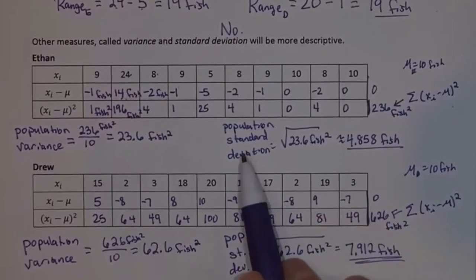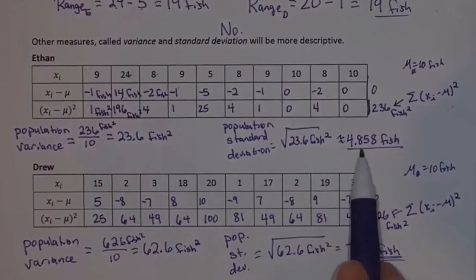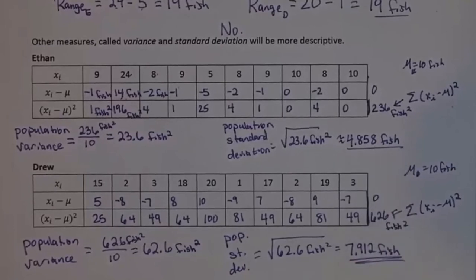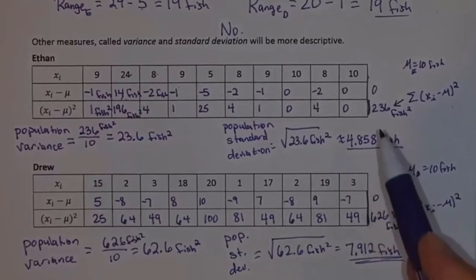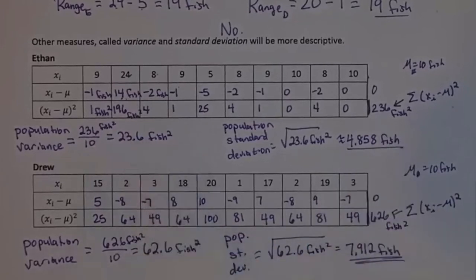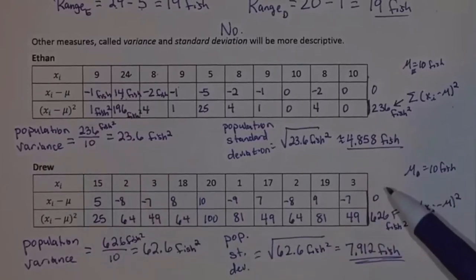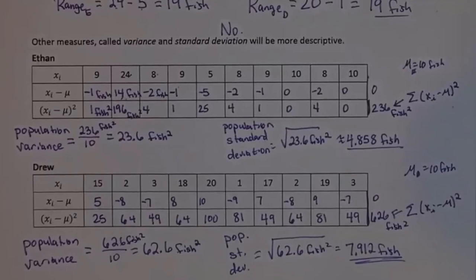So Ethan's standard deviation is 4.858 fish. Drew's standard deviation is 7.912 fish. It works kind of the same way that the variance works, except we have nicer units. The larger the standard deviation, that would indicate there's more spread in the data. The smaller the standard deviation, the less spread there would be in the data.